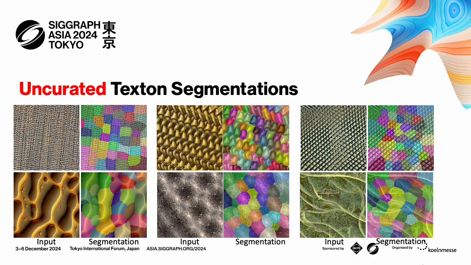In our neural network, there is a segmentation module which is responsible for segmenting the input image into taxon regions, and here we show uncurated results on taxon segmentation. It shows our approach is able to segment reasonable taxons from a variety of textures.